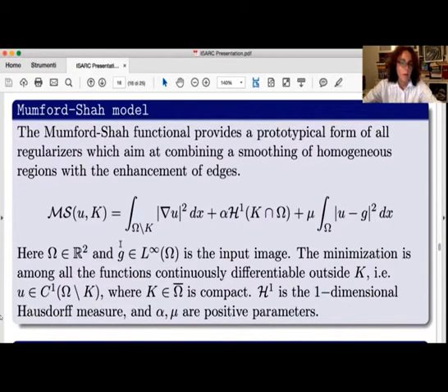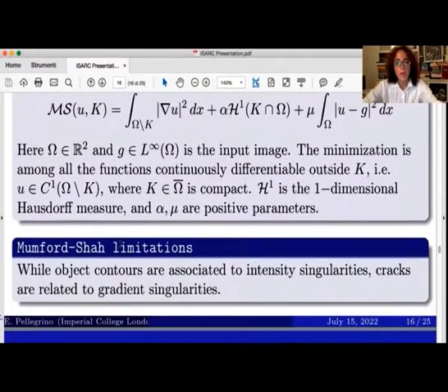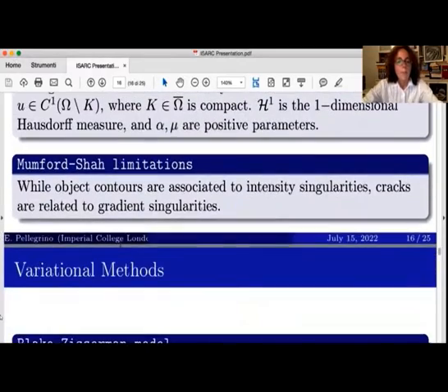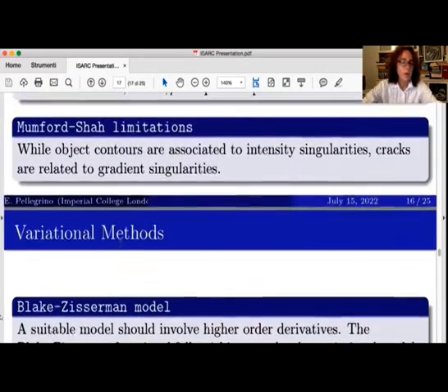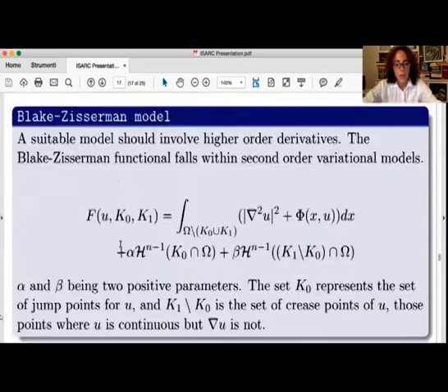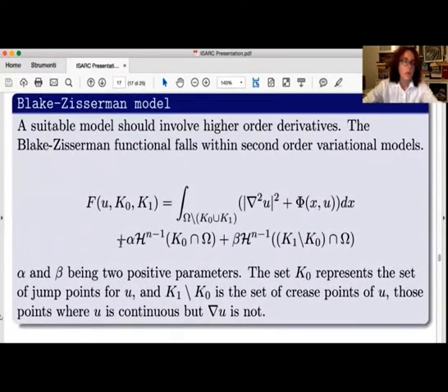The Mumford could be a solution, but unfortunately, the problem is that it's a first order functional, and is not suitable for detecting cracks, because actually the crack in images are a discontinuity not in the intensity function, but instead on in gradient. So we have to come up with a second order function as the Black-Zimmermann one.